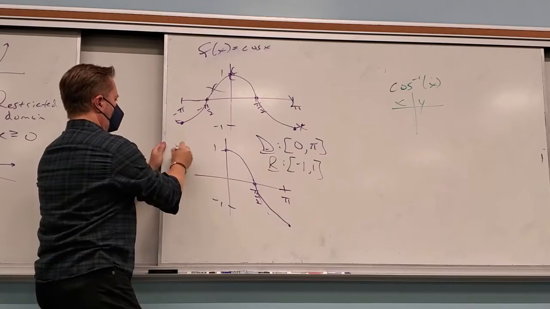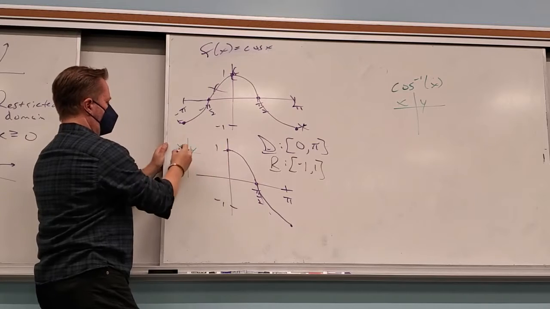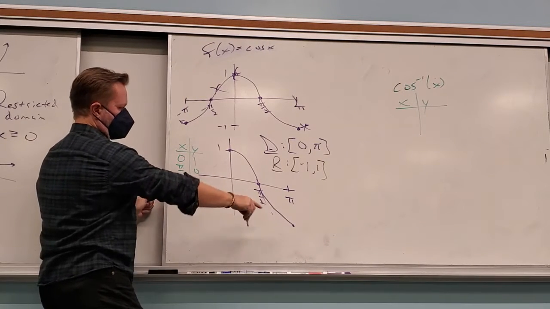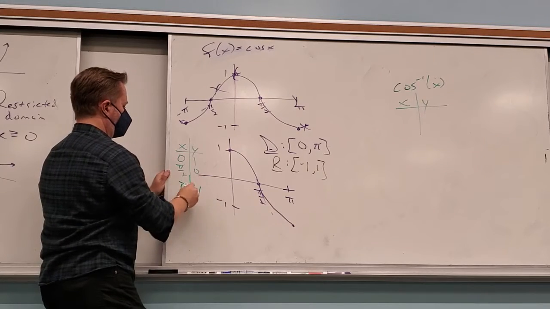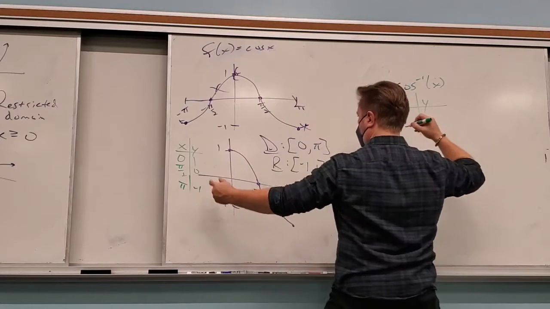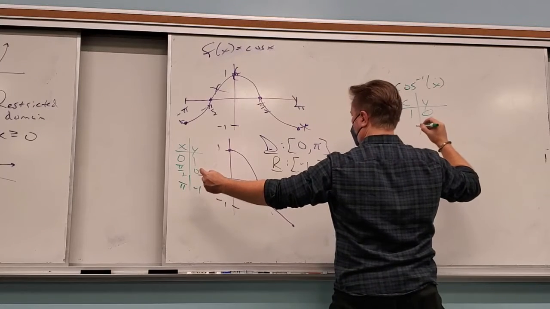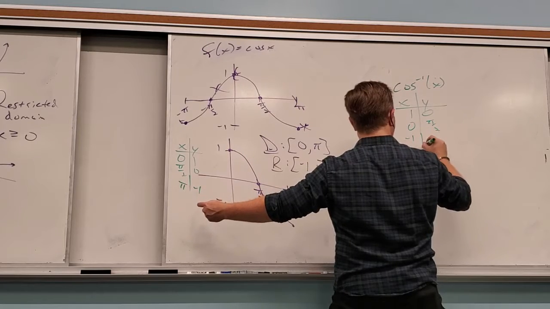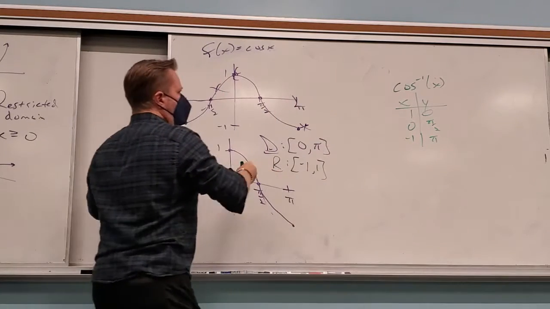So here, what points does this go through? It goes through 0, 1, pi over 2, 0, and pi, -1. So what points will my inverse go through? 1, 0, 0, pi over 2, -1, pi.